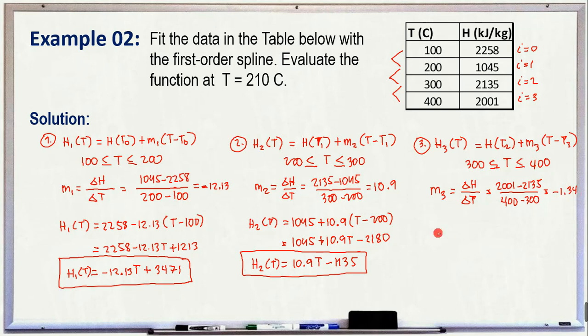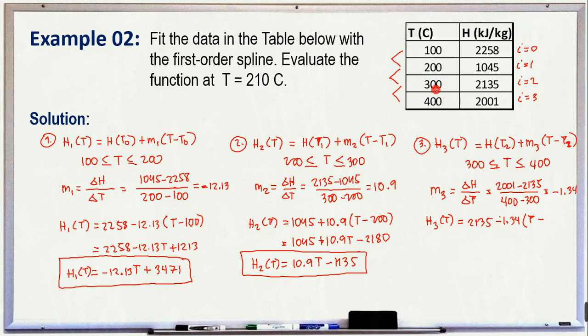Okay, so we have h3 is equal to h of t2, which is 2135, plus our slope, minus 1.34, times t minus our t2. This is not t3, it is t2.